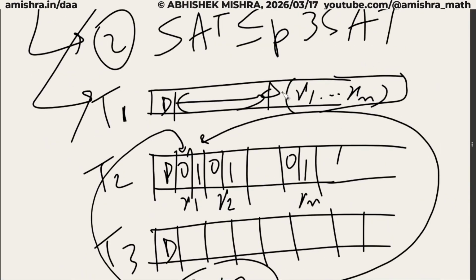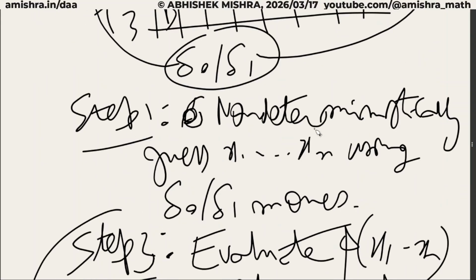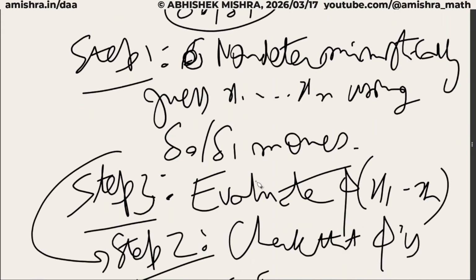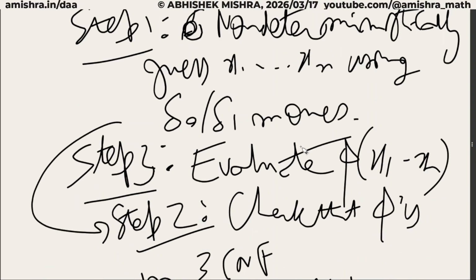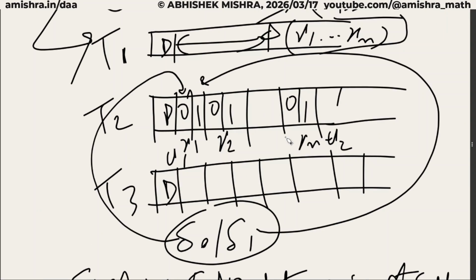So here suppose in place of the input, we have the matrices A and B, and here what we do is just replace them with the variables U1 up to Un. Again, the idea is very similar. Non-deterministically, first guess the assignment. This is step 1, same. Non-deterministically guess the 0-1 assignments using delta 0, delta 1 moves. Then we have to check that all inequalities are satisfied.